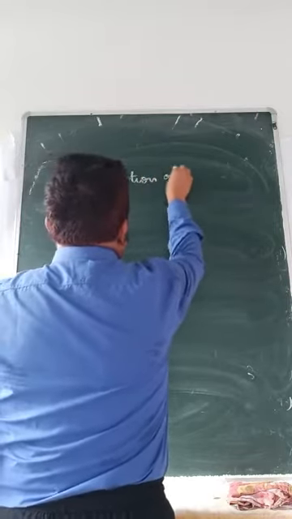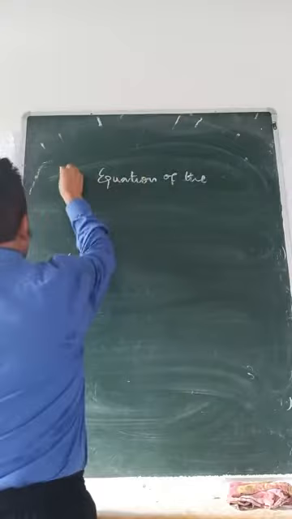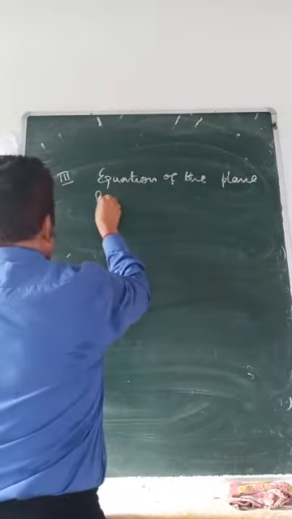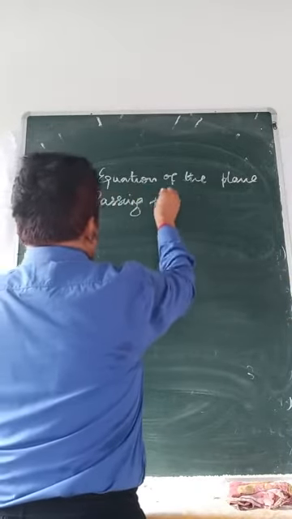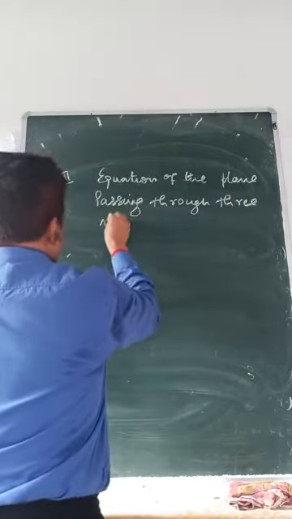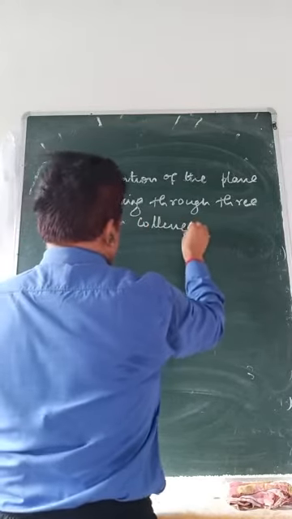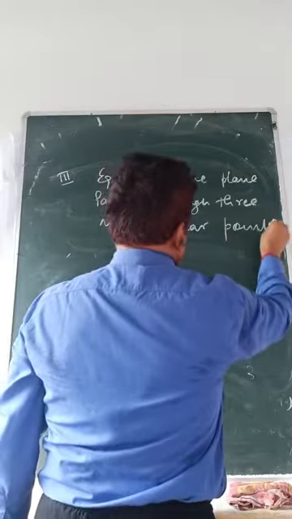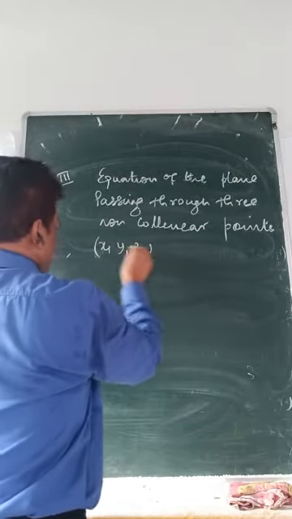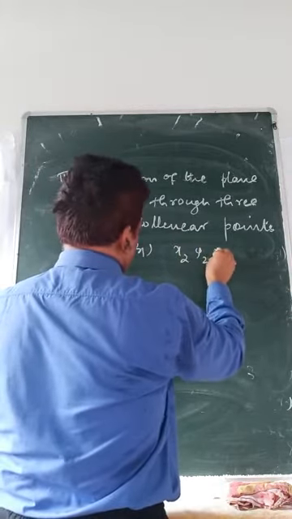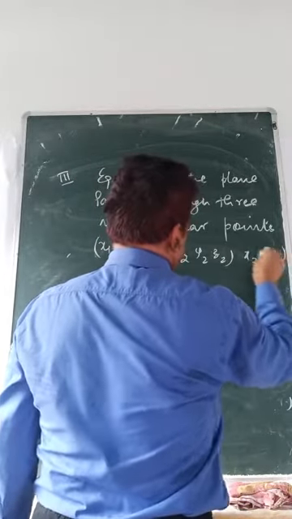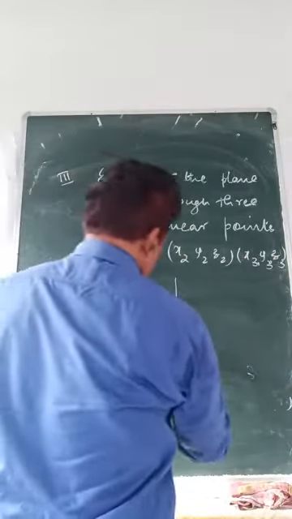Equation of the plane, next formula. Passing through 3 non-collinear points: x1, y1, z1; x2, y2, z2; x3, y3, z3. 3 points are given to us.